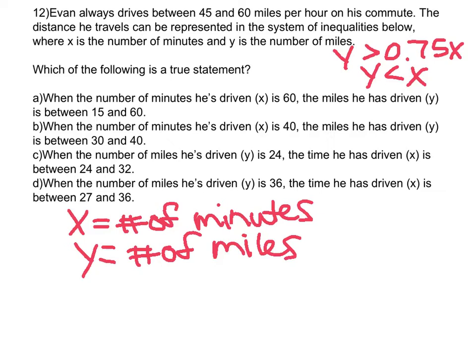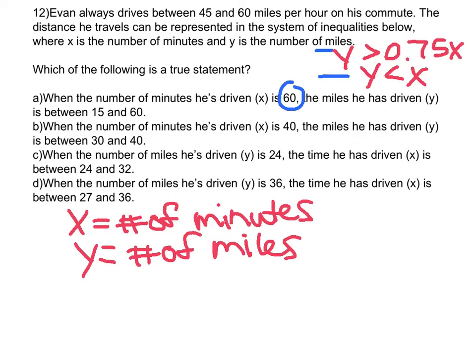So if we take a look at option A, it says when the number of minutes he's driven is 60, the miles he has driven is between 15 and 16. So for each one of these problems, let's say A, you want to plug the value of 60 in for x into both of these equations.